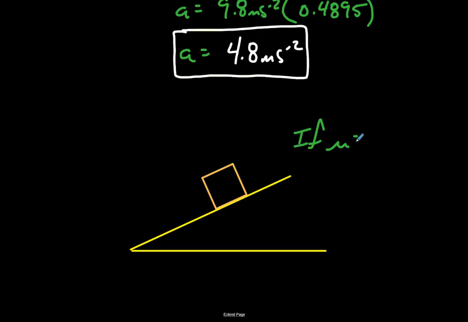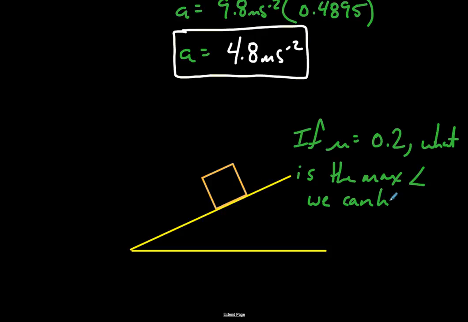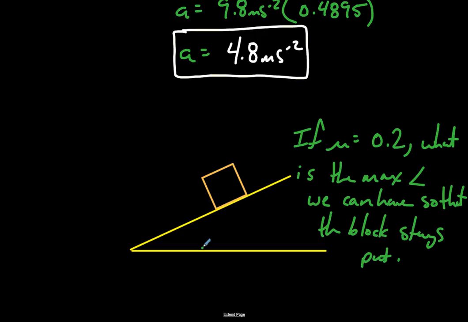If mu equals 0.2, like the last problem, what is the maximum angle we can have so that the block stays put? In other words, how high can I lift this such that if I lift it any more, the block will start sliding? What's the highest amount that I could possibly lift this?